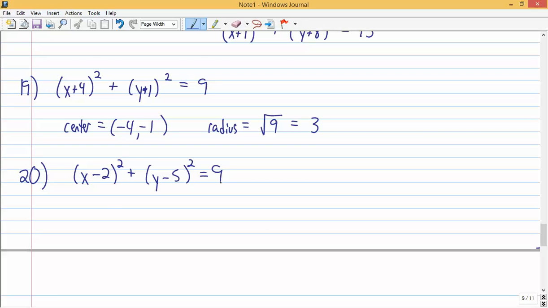So what you need to do is first write down the center. The center is +2, +5, and then write down the radius. That's always the opposite sign of the number in here. The radius is the square root of 9, or 3.